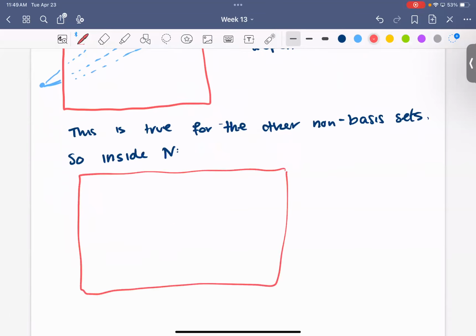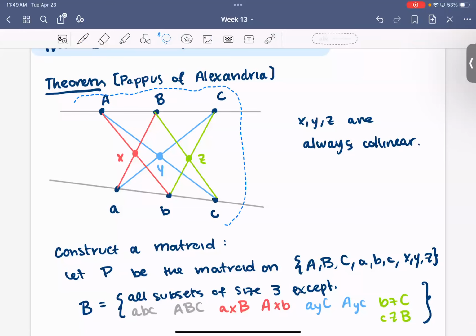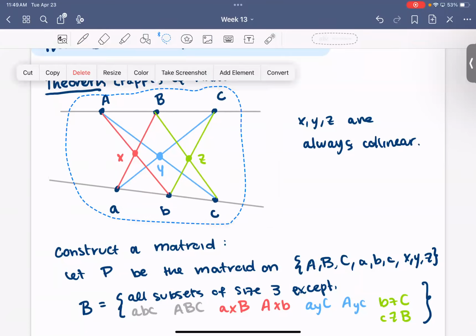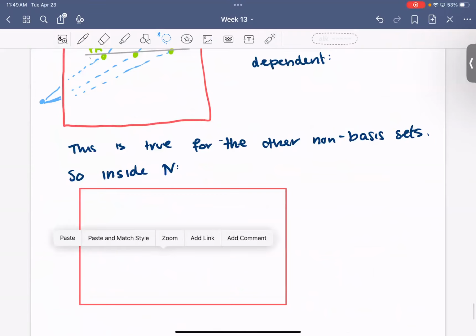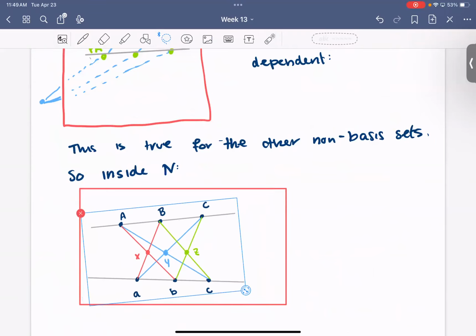I'm just going to copy my other Pappus picture. So that's what I have when I look in the plane N.